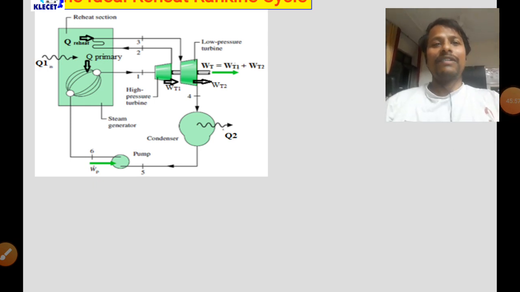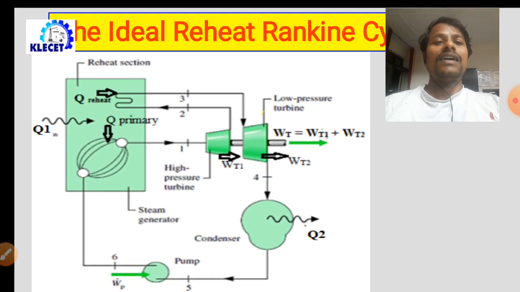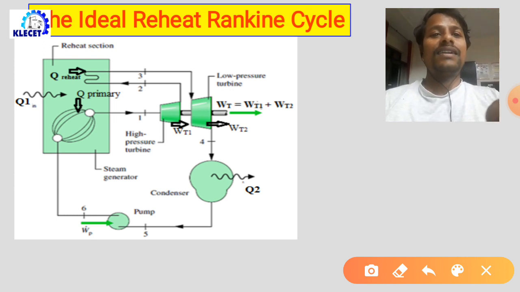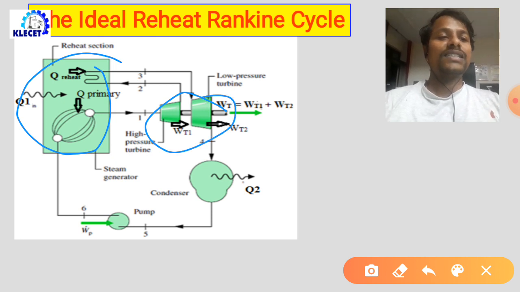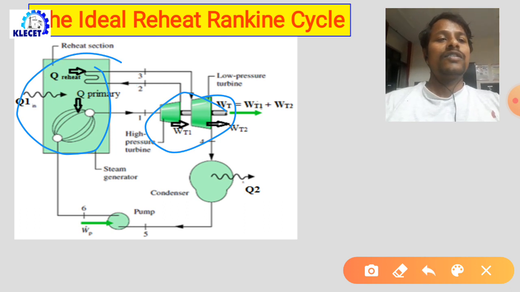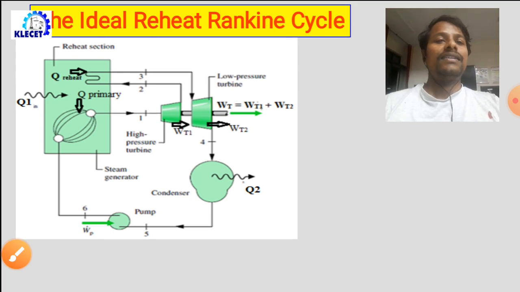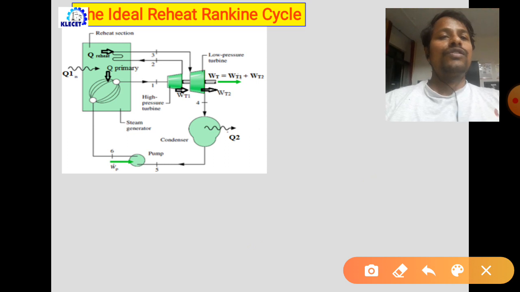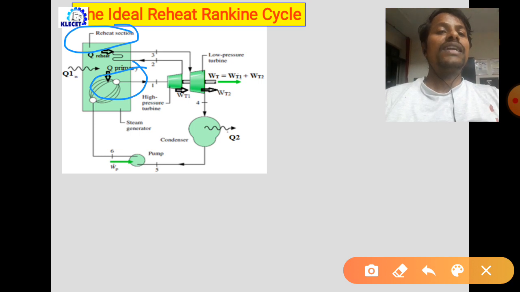Students, let us have a quick brief revision about this class. As we understood, this reheat cycle consists of a boiler, then 2 stages inside the turbine, that is the speciality of this. Then we have a reheat section inside the boiler. Please remember that. Heat supplied is Q primary plus Q reheat during the reheating process.